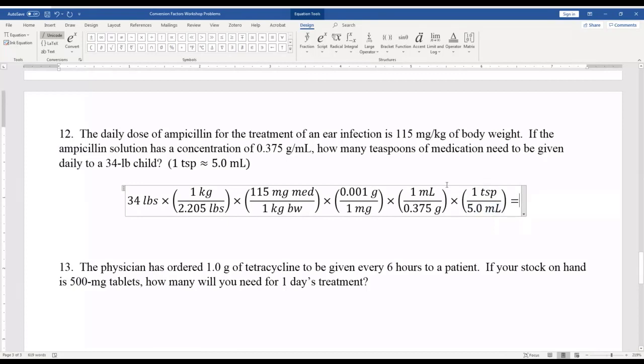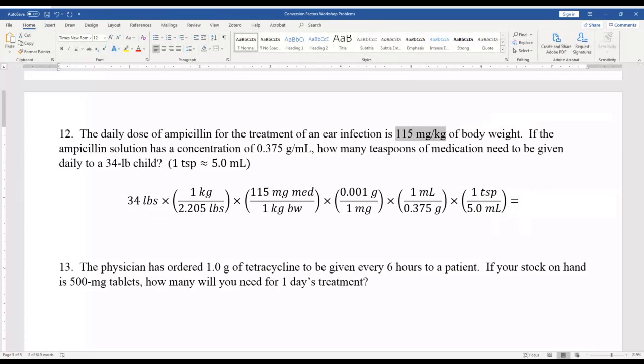Where this would become important, see, one could argue that this dosage, 115 milligrams per kilogram, is an exact number because it's an order from the doctor.